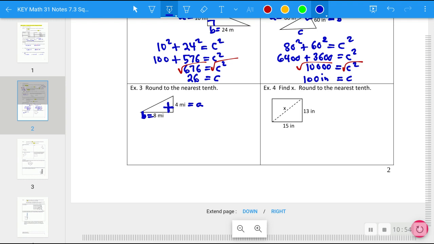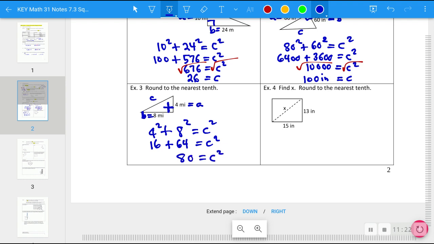And that tells you that those are the two side lengths that are going to be added after you square them. So it's going to be 4 squared, there's the plus sign, 8 squared equals c squared, and I'll label the c over there. C is always the longest side of the triangle. That's another way to kind of recognize it. So what we have here is 16 plus 64 is c squared. Add those and you get 80.